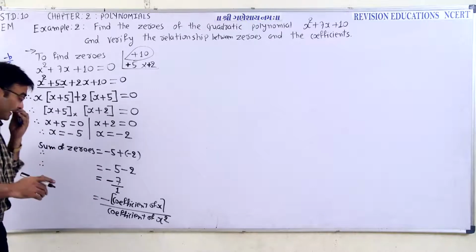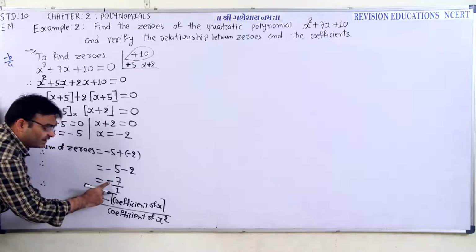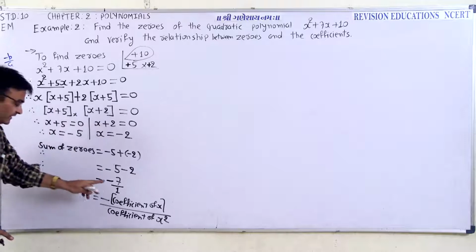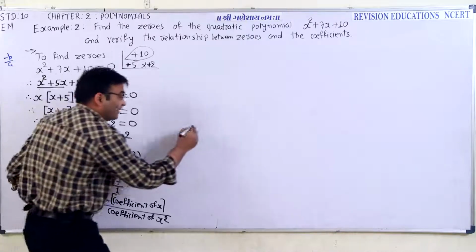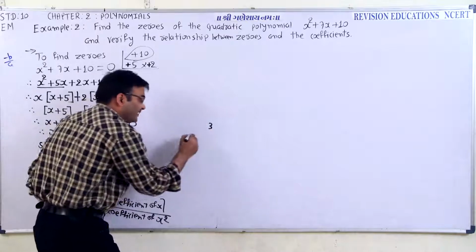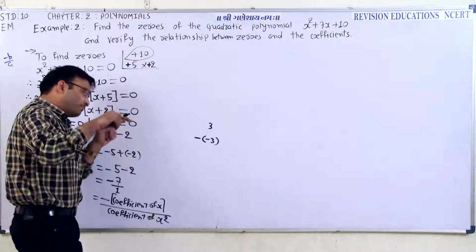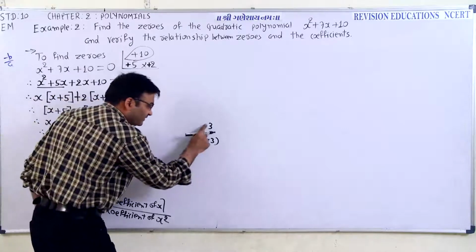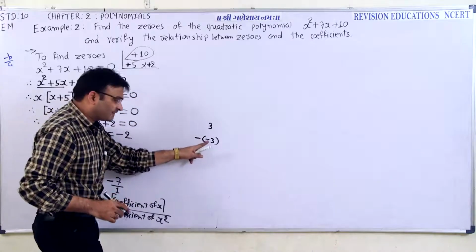Once again, friends, this is in a minus form. Whenever this is minus, there is no need to change it. Otherwise, अगर प्लस 3 होता तो हम क्या करते? माइनस 3 करते. उसके बाद जाके हम इसको इसके साथ कंपेयर करते. ओके? अगर प्लस 3 होता तो सम ऑफ जीरो में माइनस 3 करना है.